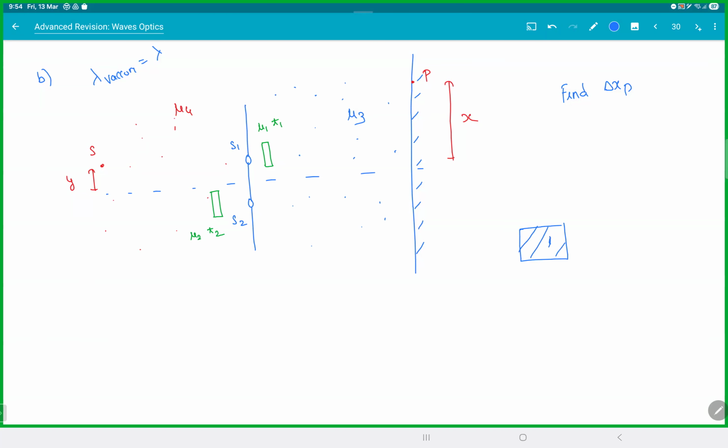If you have a slab of mu and thickness d, this can be converted into vacuum. If the path difference is d in a medium, then in vacuum it is simply mu d. That means if you travel distance d in a slab of mu, it is as good as traveling a distance of mu into d in vacuum. Are you getting the logic?